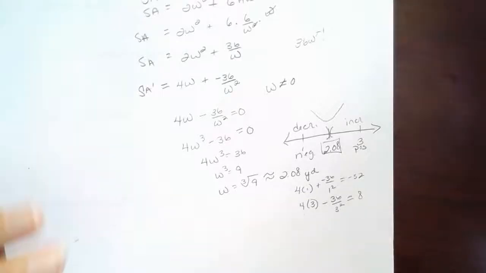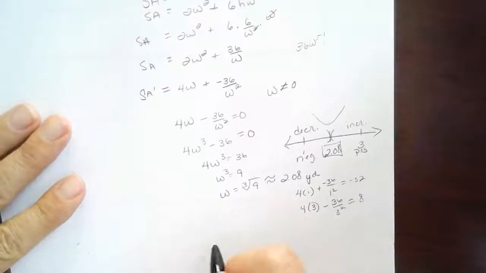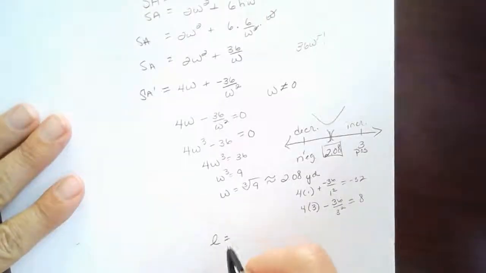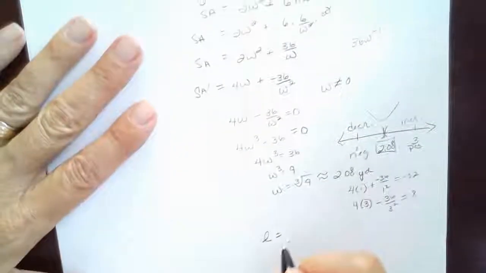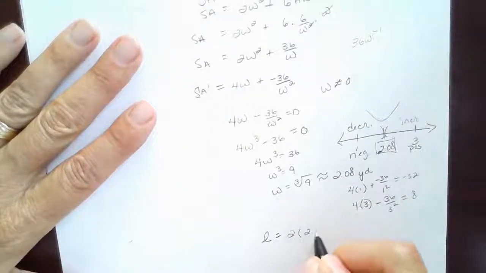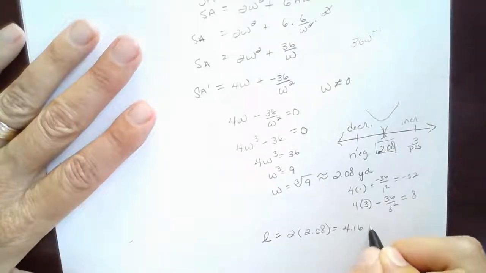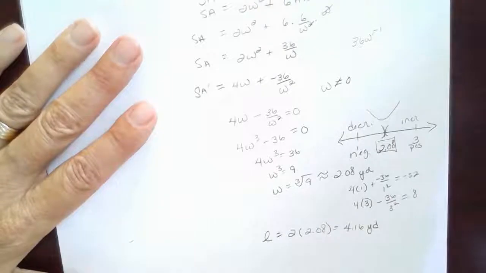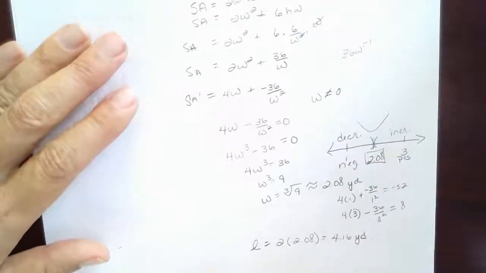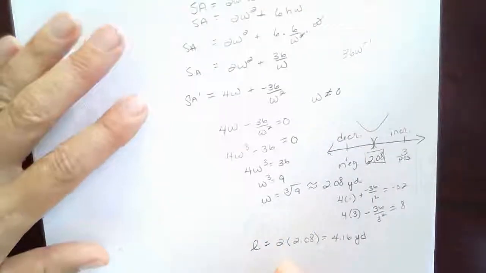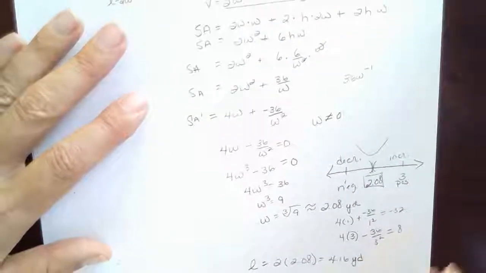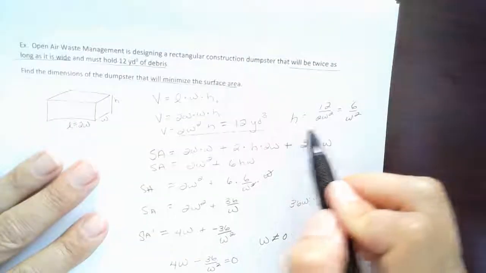Let's go ahead then and figure out what the length and width are going to be. So the length was 2w, so length will be 2 times 2.08, which will be 4.16, and this is in yards. As far as the height is concerned, the height came from this up here, which is 6 divided by w squared.